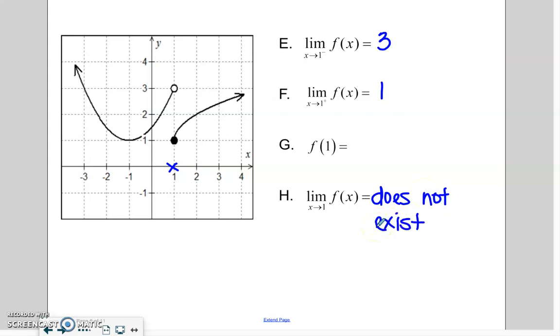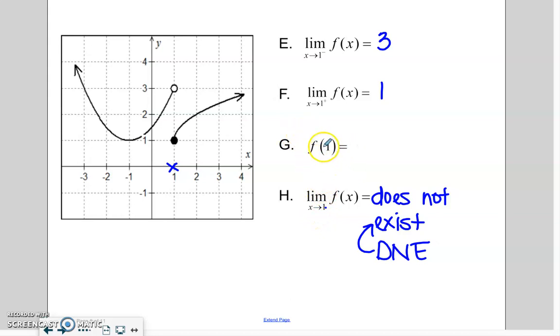You could also call this DNE for does not exist. It basically just means that my limit doesn't meet up in the same spot, so I can't say that my function is approaching anything if I'm looking at it coming from both directions.